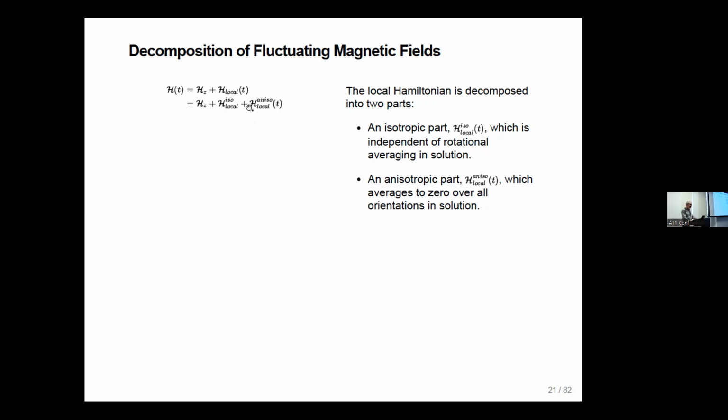And then we have the anisotropic parts, the parts of the Hamiltonians that average to 0, but instantaneously they're non-zero. And that will include, for example, the dipole couplings and whatever chemical shift anisotropies, whatever else is going on.